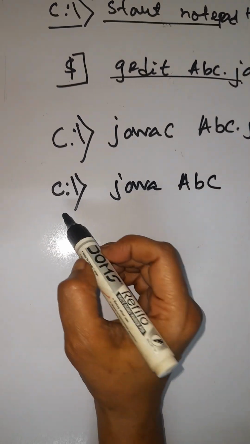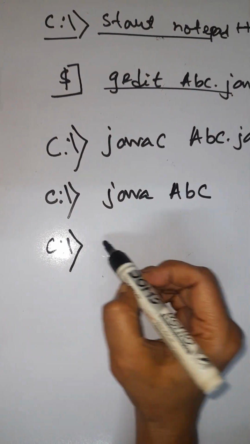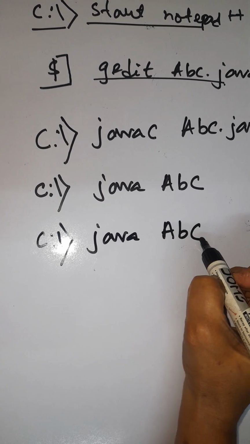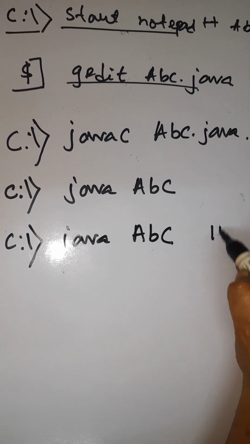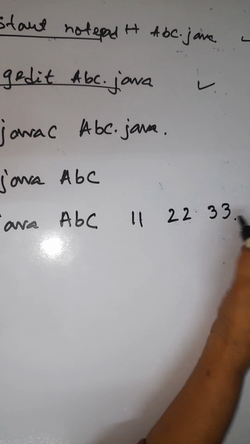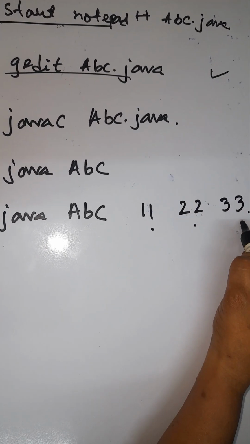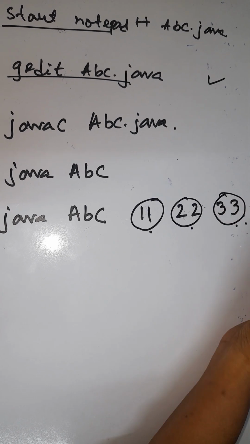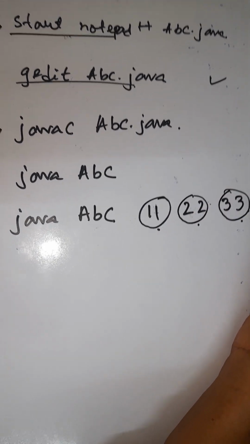Now maybe if I want to pass values when we execute our program, this is our execution statement. Now here I want to pass three values to do the summation: 11, 22, 33. These are known as the command line arguments if you pass them through the command line.